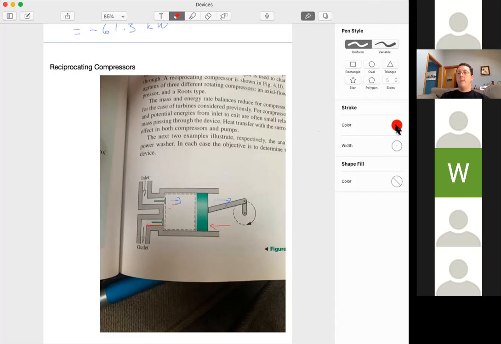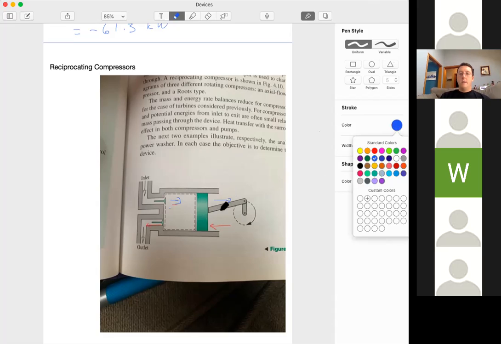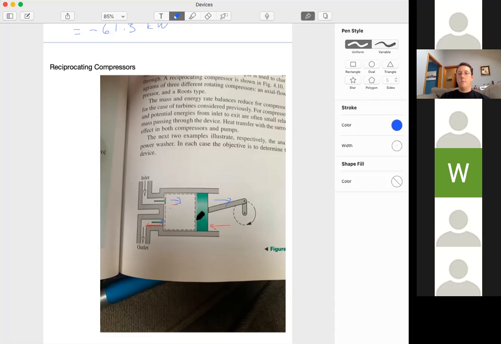I should have said that here. This valve will be locked on the intake. So the idea is it's kind of like a ratcheting mechanism.